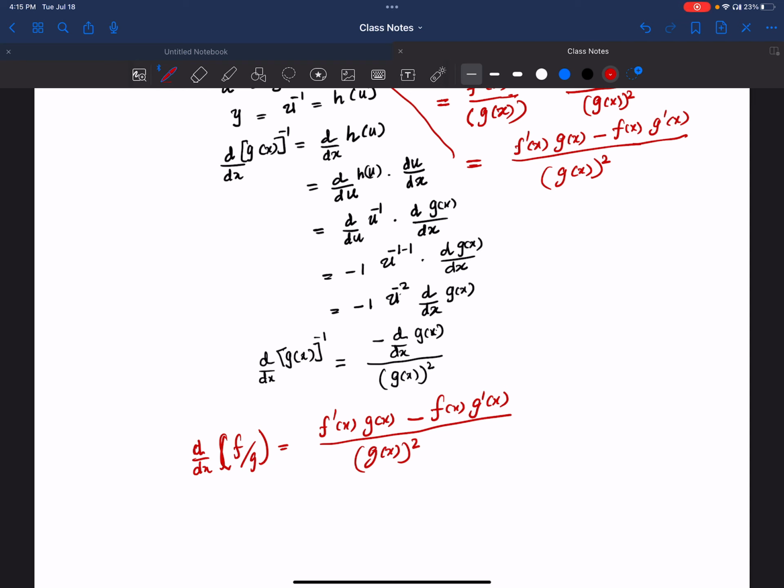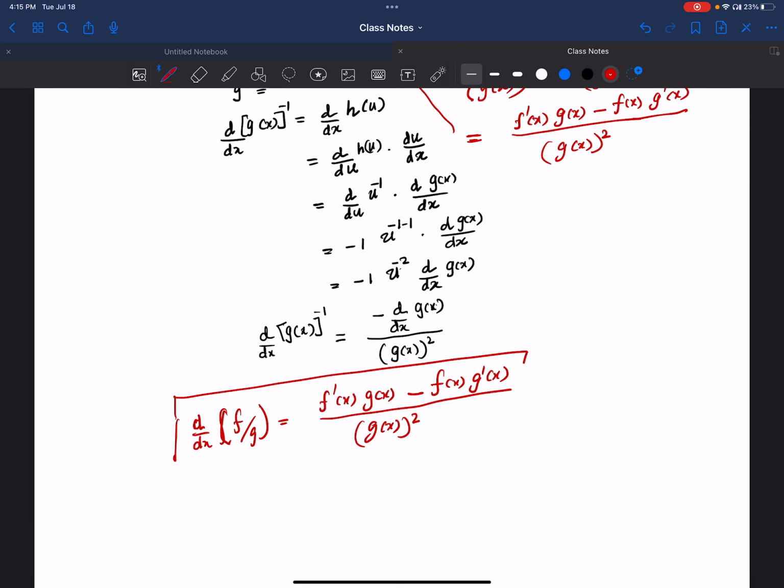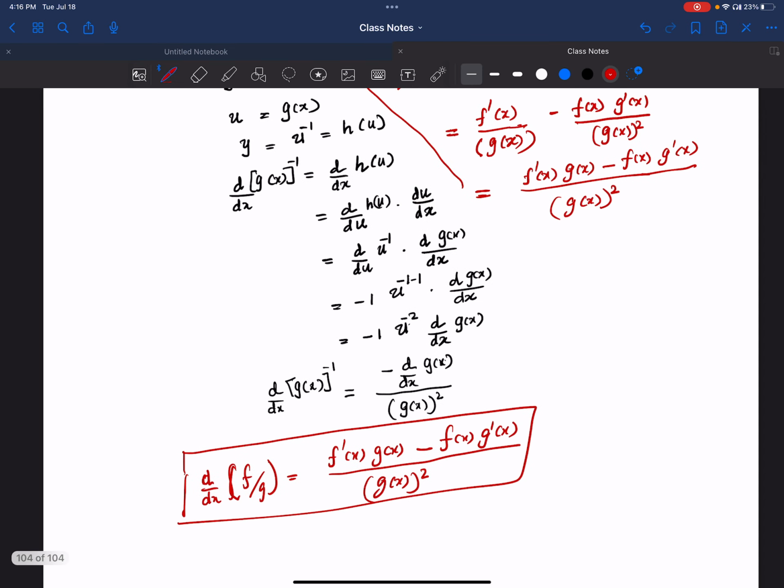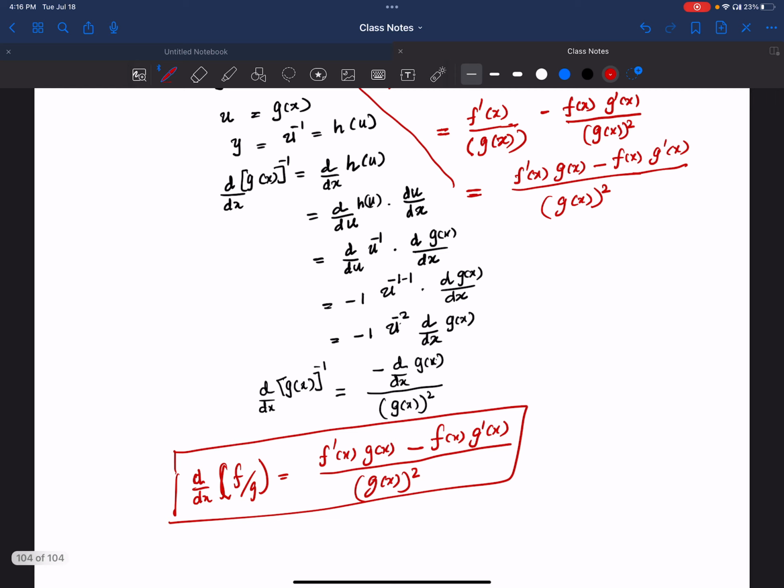So basically, if you know the chain rule and the product rule, you can differentiate any function. You don't necessarily need to use the quotient rule, right? This is how you obtain the quotient rule by using the chain rule and the product rule.